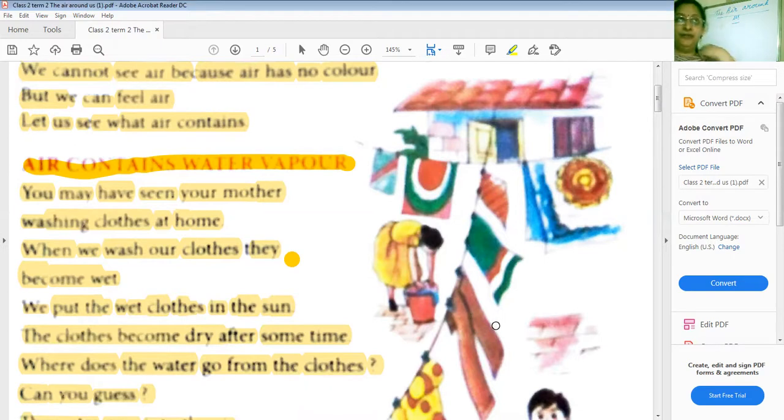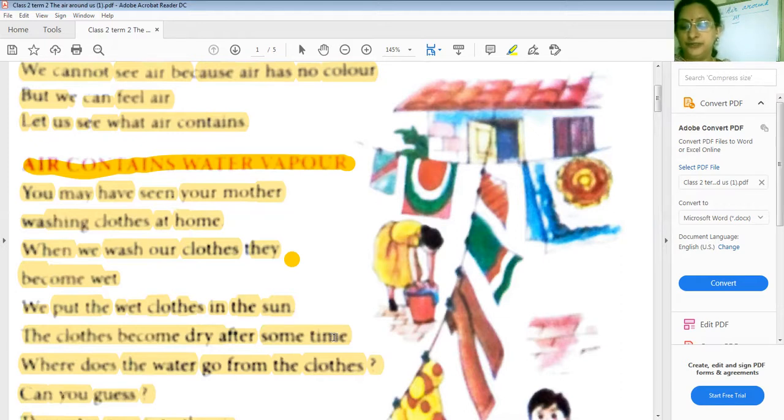So if you can, do one activity today: keep one wet handkerchief and put it in the sunlight, in the air. Then you will observe it in the evening. You will see that the handkerchief becomes dry. How does the handkerchief become dry?